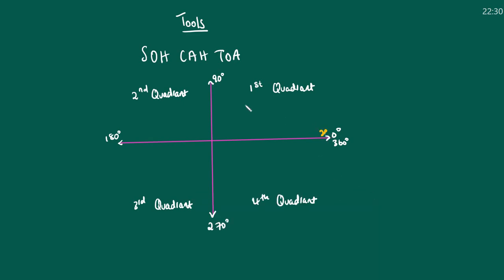And then this is the x-axis, this is the y-axis, and we know that this is the positive x-axis, this is the negative one, and 0 would be in the middle. Right, that is the first thing we need to know. So the names of the quadrants are very, very important.